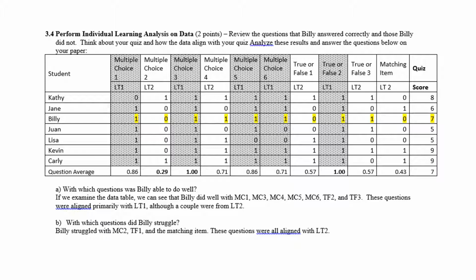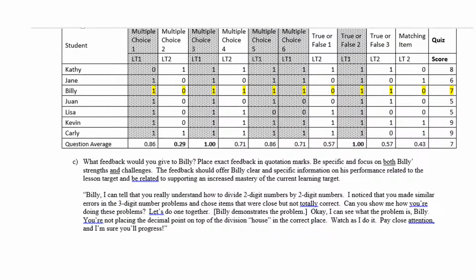With which questions did Billy struggle? Billy struggled with multiple choice 2, true, false 1, and the matching item. These questions were all aligned with Learning Target 2. So Billy did not do well on 3-digit division, Learning Target 2. So now we know Billy's struggling with Learning Target 2.